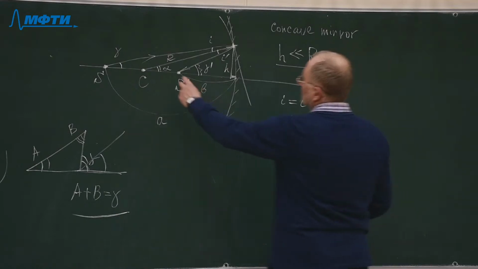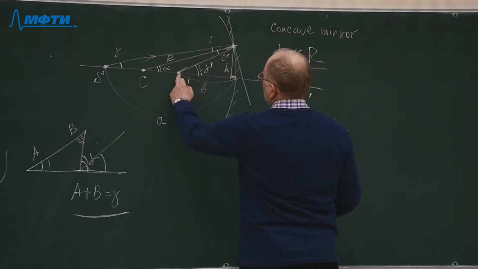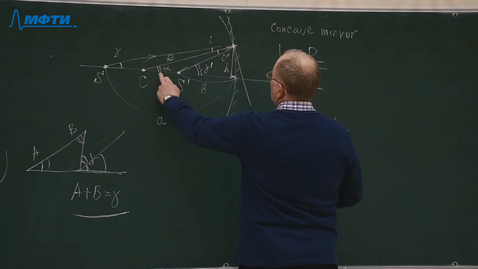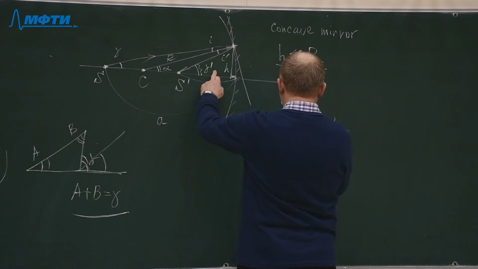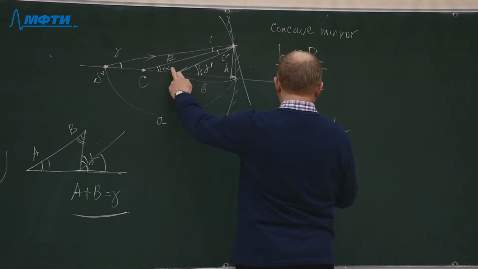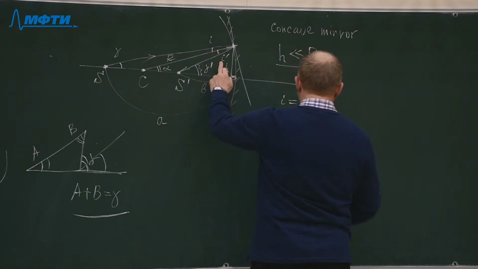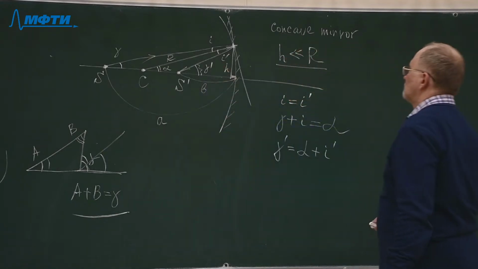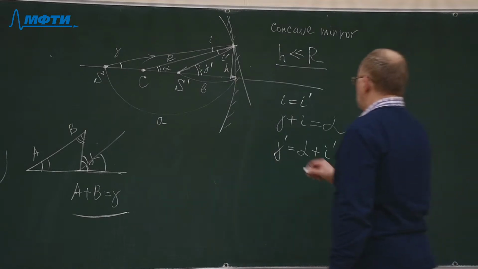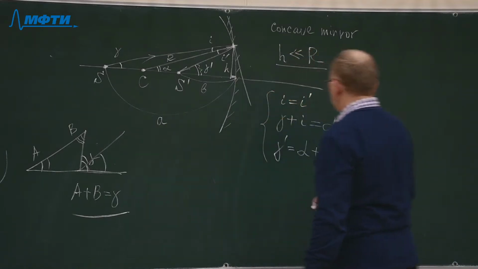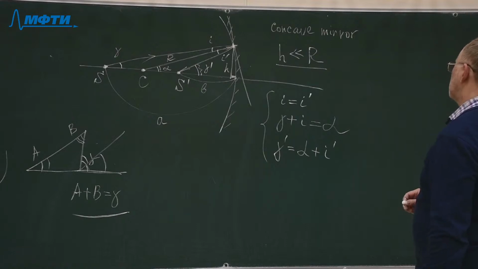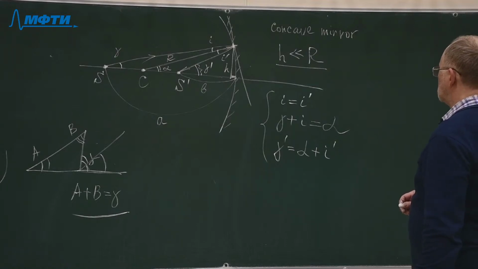And the same thing will be true for another triangle, and we will write that gamma prime equals alpha plus I prime. Based on these relations, we can make some important conclusions.